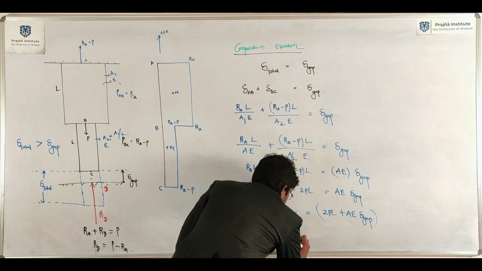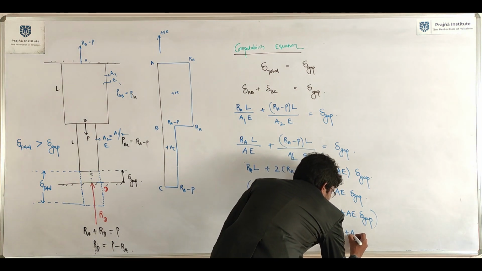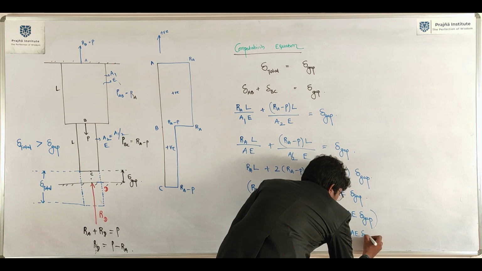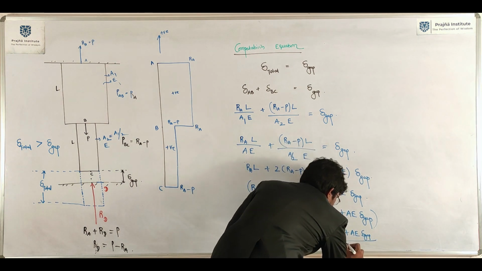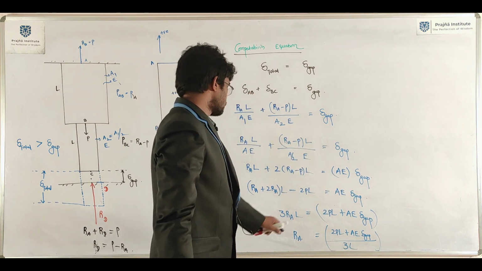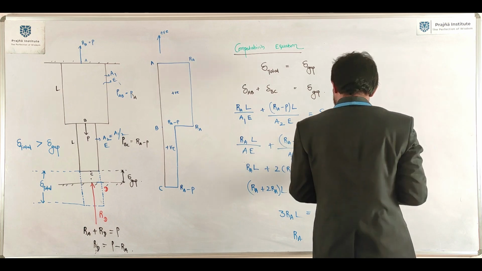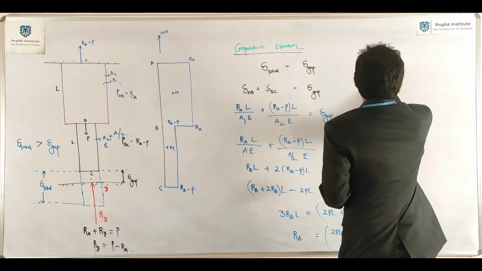Okay, finally RA equals (2 PL plus AE delta gap) by 3L. So this is the support reaction RA. Finally, we got the magnitude of RA.